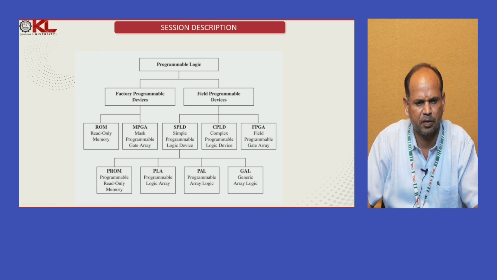The first one is the programmable read-only memory. The second one is the programmable logic array. Next one is the programmable array logic, and the fourth one is the generic array logic. Now we will discuss one by one.